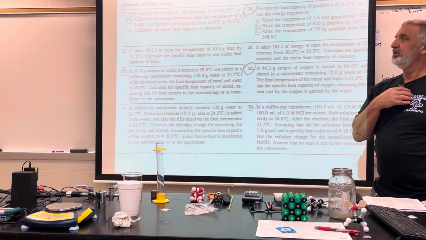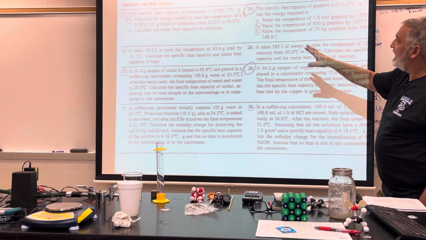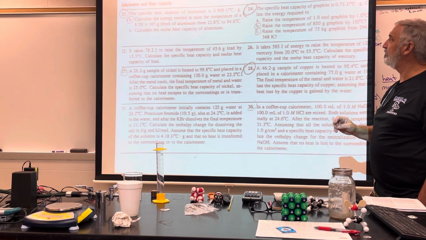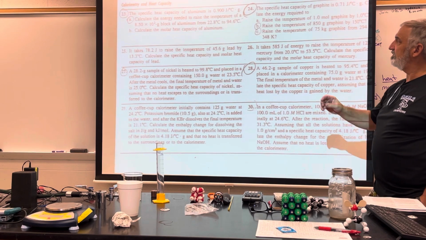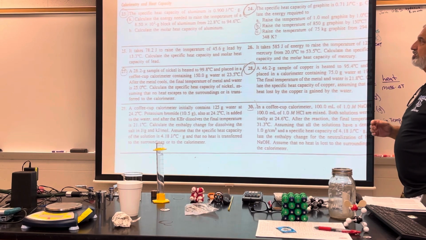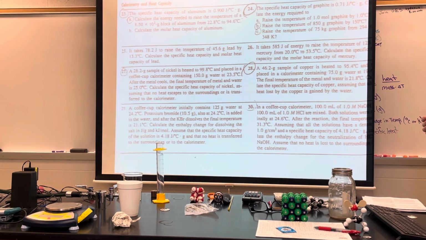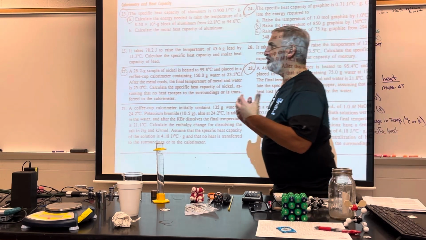Calculate the energy needed to raise the temperature of an 8.50 times 10 to the 2 gram block of aluminum from 22.8 to 94.6.